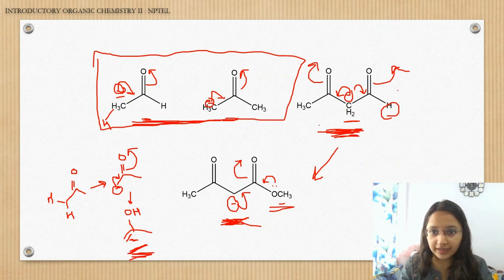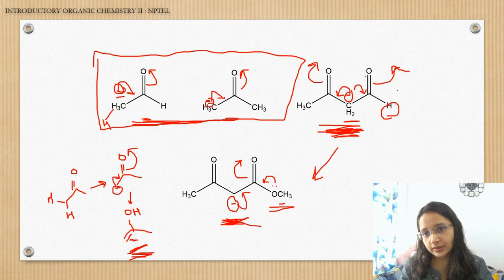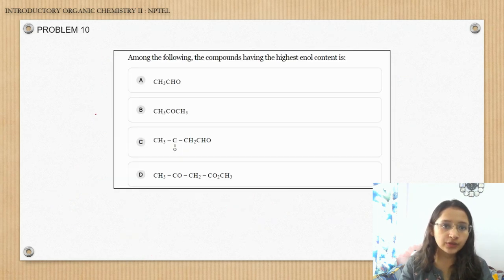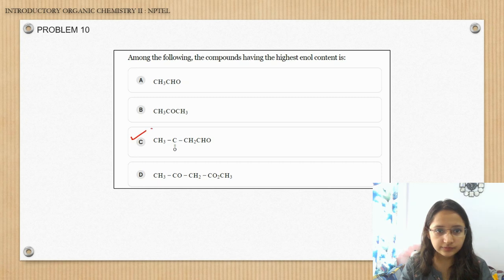But in this case, it is very efficiently delocalizing with these two carbonyls. So there is higher stabilization for this particular carbanion, and so the enol character is higher. So the correct option is this. It has much higher enol character than all of the four. So the correct option is C.